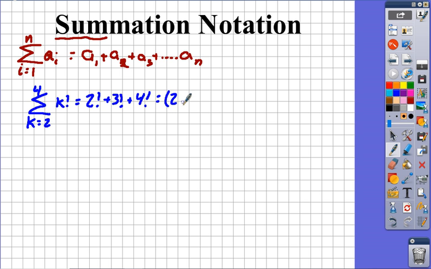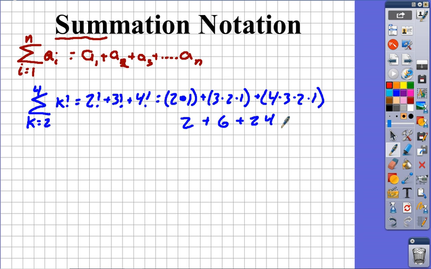If we expand these out, we get 2 times 1 plus 3 times 2 times 1 plus 4 times 3 times 2 times 1. Well, 2 times 1 is 2. 3 times 2 times 1 is 6. And 4 times 3 times 2 times 1 is 24. So in the end, we end up with 32. That is the summation for this problem.